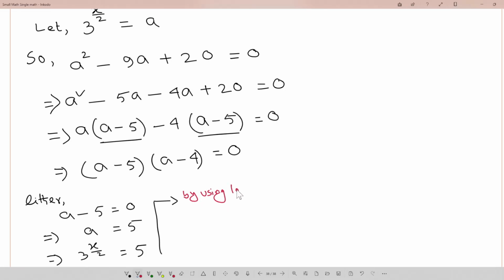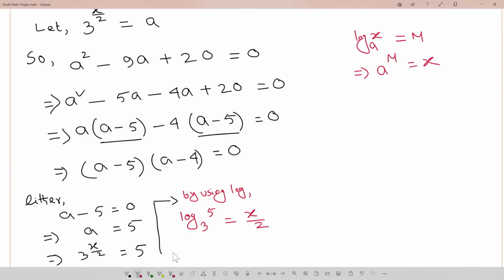We know a theory: suppose a to the power x equals m, then we can write log base a of m equals x. Here 3 is a, x by 2 is x, and 5 is m. So log base 3 of 5 equals x by 2.